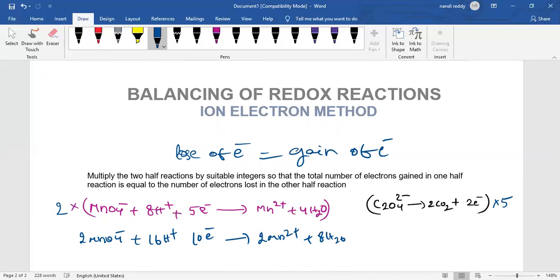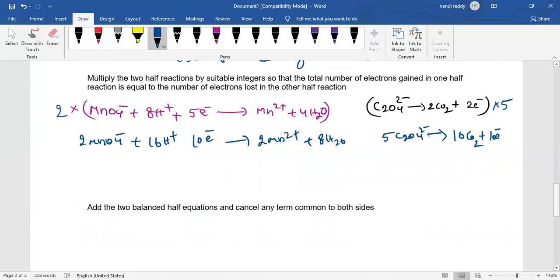Similarly here 5 C2O4 2 minus gives rise to 10 CO2 plus 10 electrons. This is the net equation. Now the electrons are the same in both, so we can just add both equations, and then you can get the net equation.